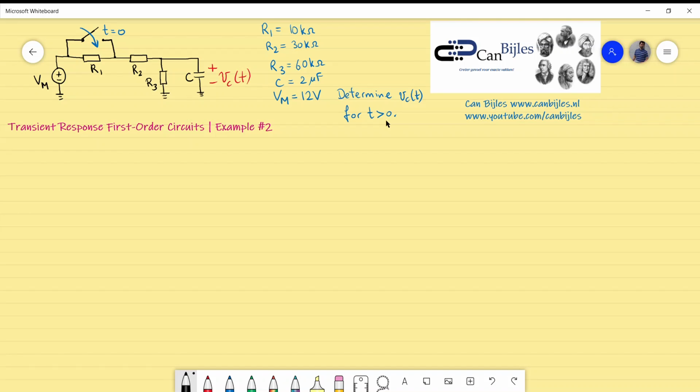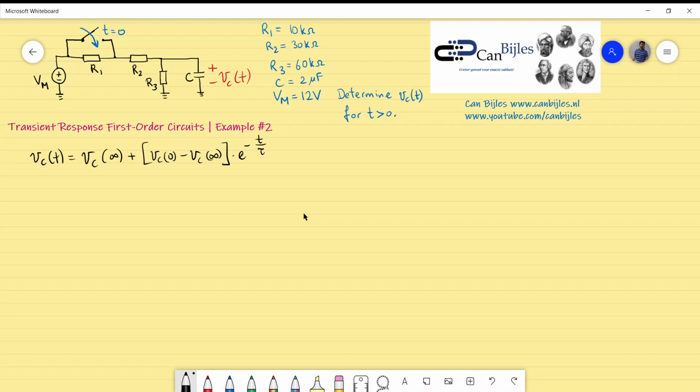Okay, what was the starting point? The starting point for this kind of questions is you need the expression for the capacitor voltage in a general form. That is, the capacitor voltage is the capacitor voltage at steady state, plus the initial value minus the steady state value times e to the power minus t divided by tau.